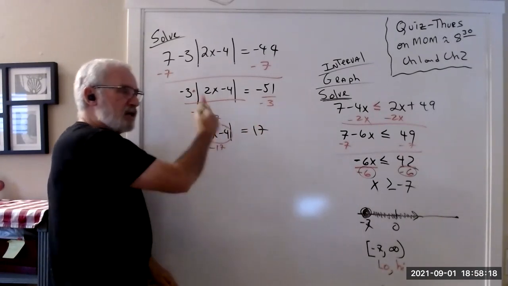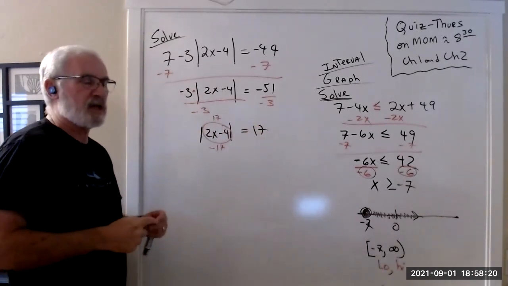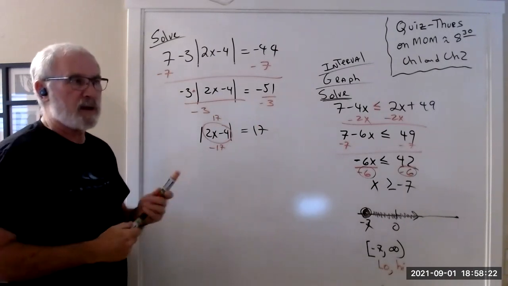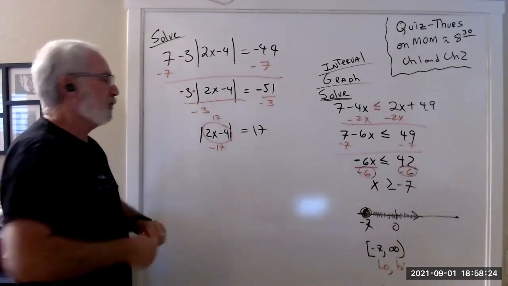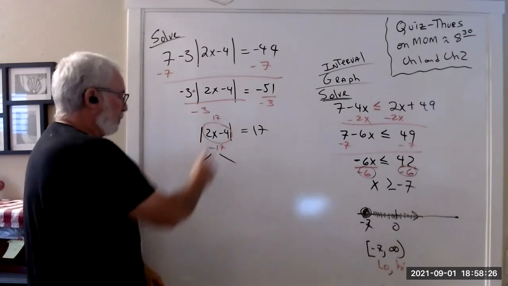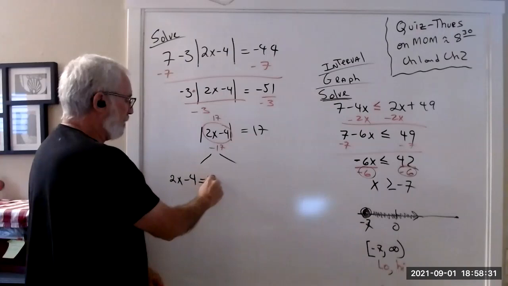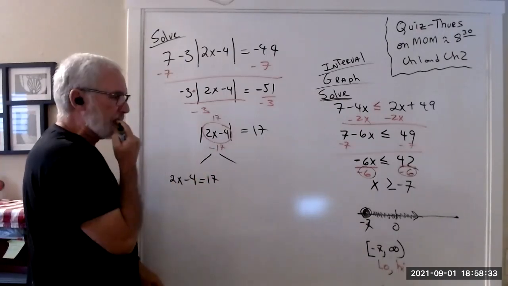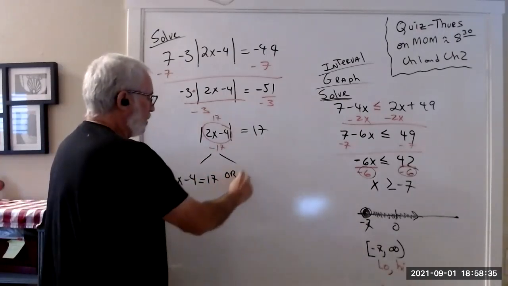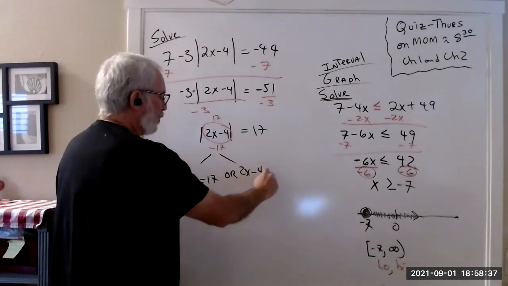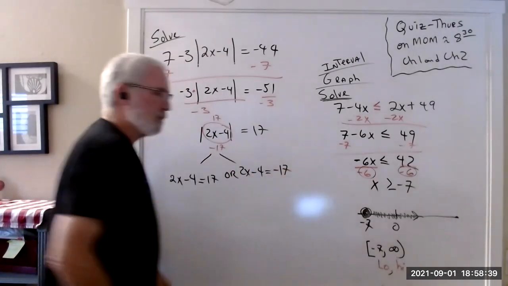So the inside could have been 2 possibilities, and we have to worry about both of those. So what we say is it splits into this equation: 2x minus 4 could have been worth positive 17, or 2x minus 4 could have been worth negative 17.